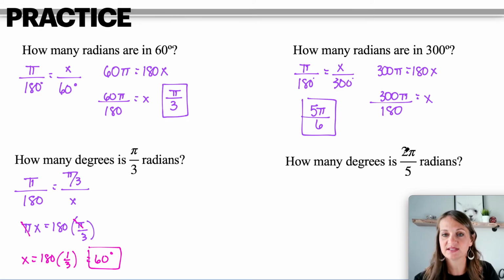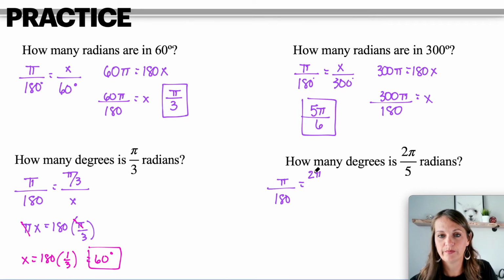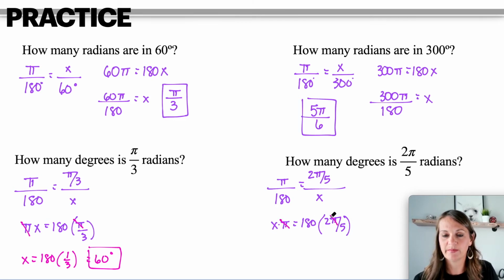That's why it happens. Same thing with 2/5. So if we have pi over 180 equals 2 pi over 5 over x, when you cross multiply, x times pi equals 180 times 2 pi over 5. Again, the pi's are going to cancel because when you divide by pi and divide by pi, they will divide out.